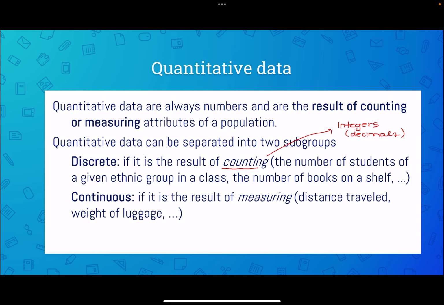For example, accidents, number of children, pages in a book, we can have integers. If it is continuous, it is a result of measuring. And here we can have all numbers. So for example, temperature could be a continuous variable, money can be a continuous variable, weight can be a continuous variable.